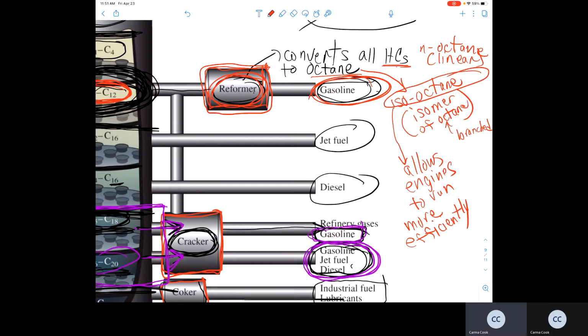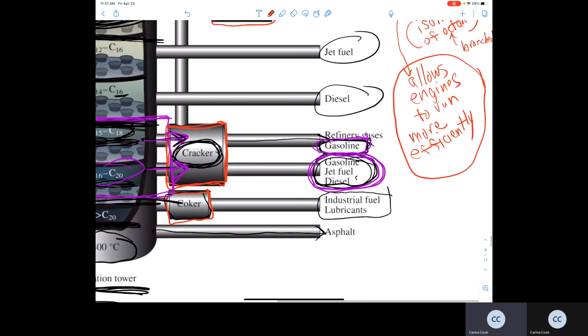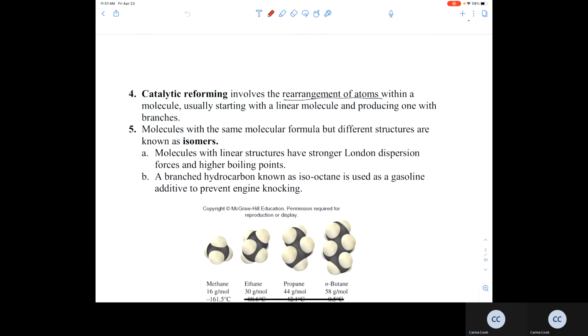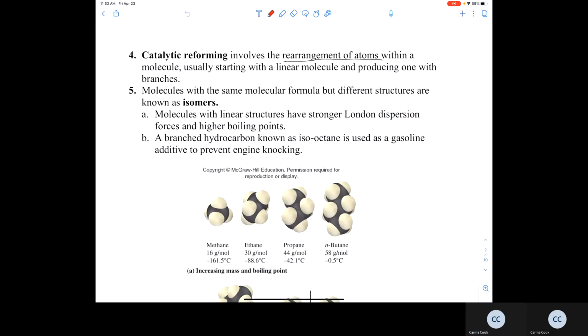And so isooctane is a much better fuel for your car engine because it allows your car engine to run more efficiently by preventing engine knock. So that's what the reformer does.